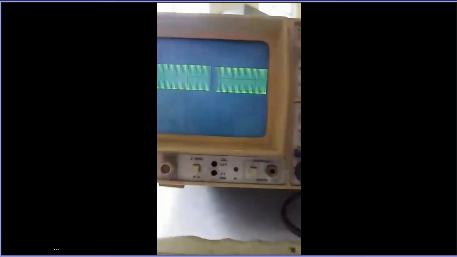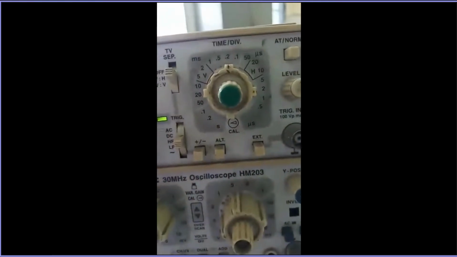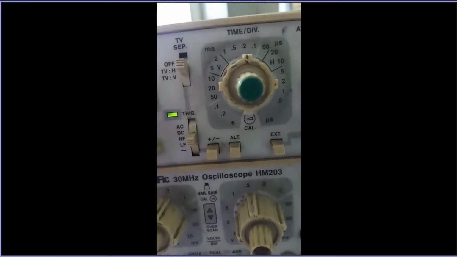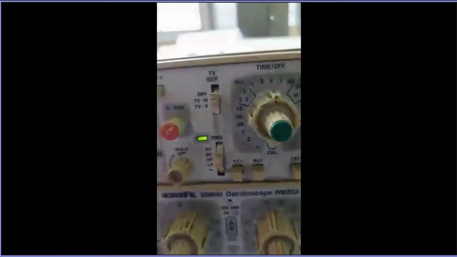Please wait a minute. I'm going to change the time per division also. It will give you a better picture. Okay, so I have changed the scale value. It is 0.2 millisecond per division.